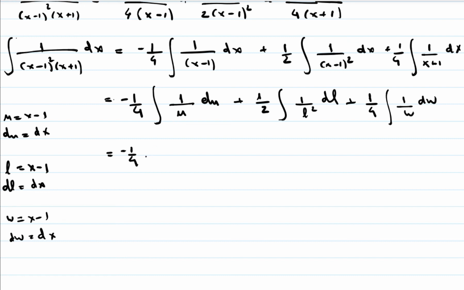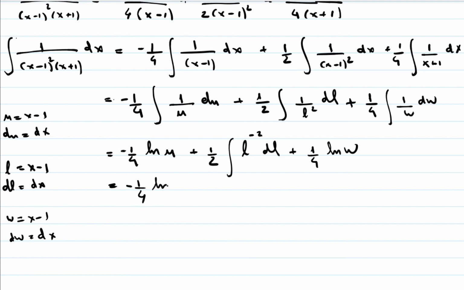This is a simple logarithm, natural log of u, plus 1 divided by 2. Now we have this. We cannot apply log for this, but what we can do is take it up and see this is equal to L raised to minus 2 dl. So this can be solved using the power rule. Plus 1 divided by 4 natural log of w. So this is going to give us minus 1 divided by 4 natural log of u plus 1 half.